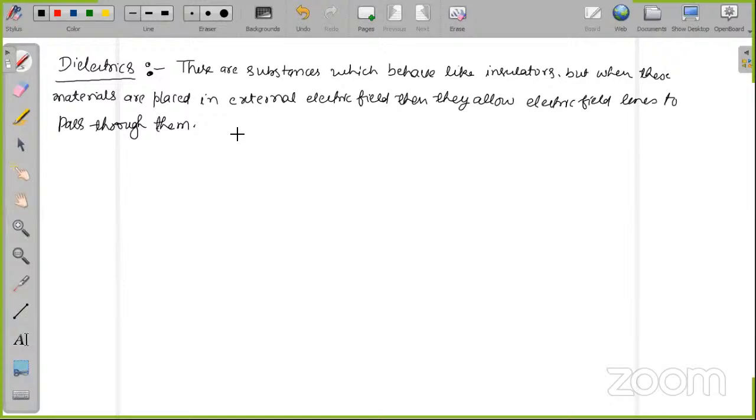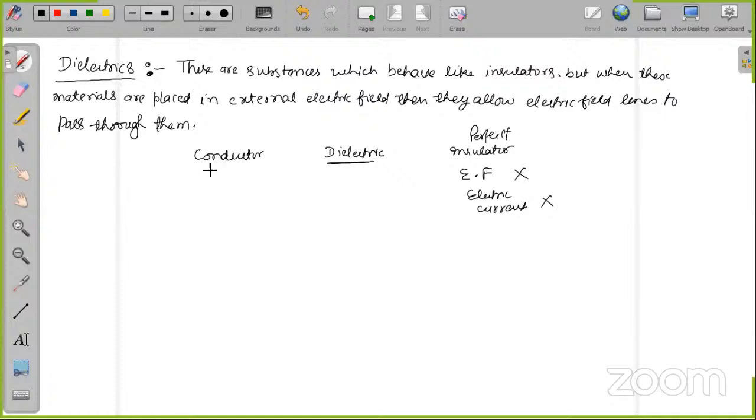What is the difference between a conductor and a dielectric? If you have a conductor, if you have an insulator, and in between we have a dielectric. In a perfect insulator, electric field cannot pass, electric current cannot pass.